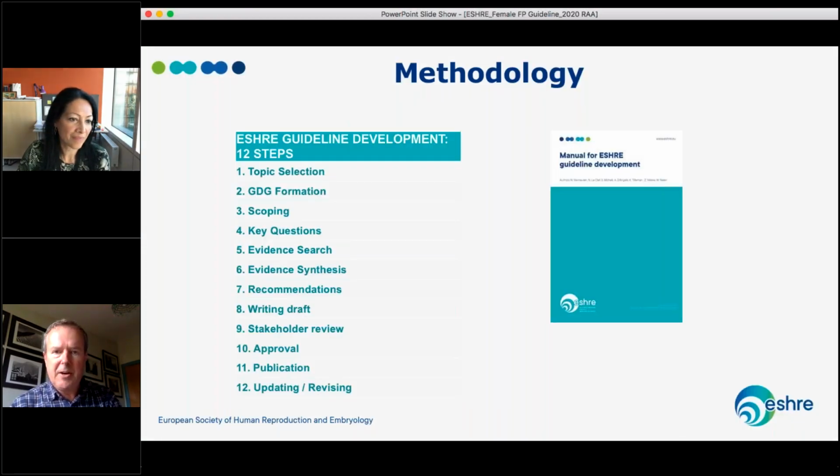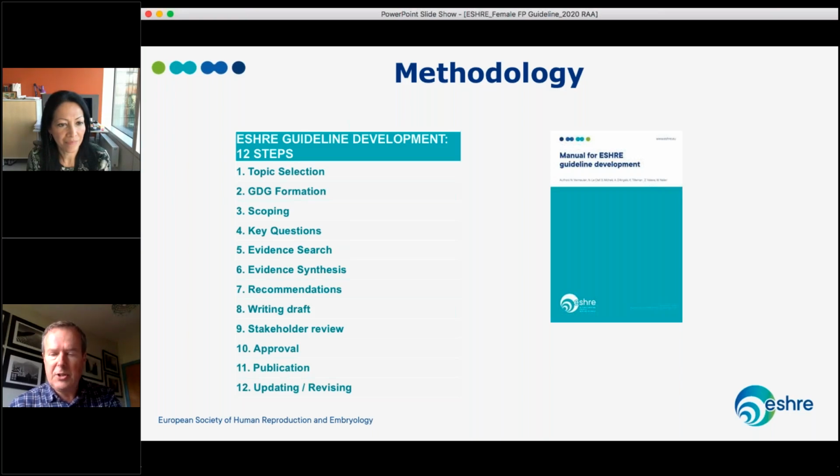Of course, ESHRE has a very robust methodology for these guidelines, and they've now been very well established. And we were very privileged to have Natalie Vermeulen as our key guide and mentor in this to make sure that it was all done to the highest standards. If you want to look up the details, they're available in this manual. But essentially, it involves designing the key questions that we wanted to address.